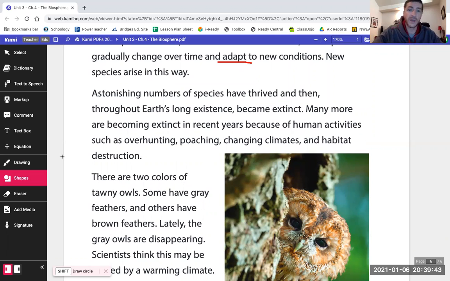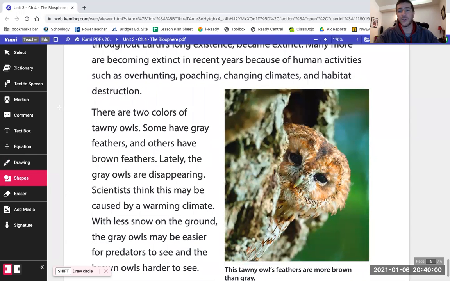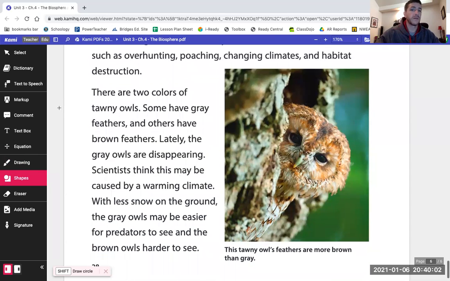Many more are becoming extinct in recent years because of human activities such as overhunting, poaching, changing climates, and habitat destruction. Okay, so that's a very real thing on here. So very sad, very lame. Okay, but not only biomes, it's a lot of us too.